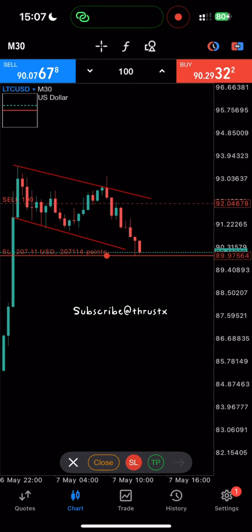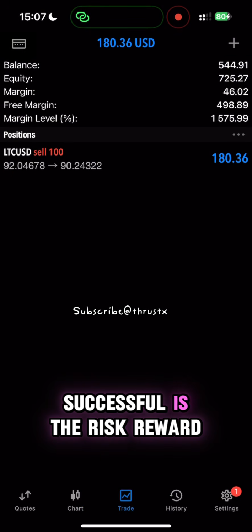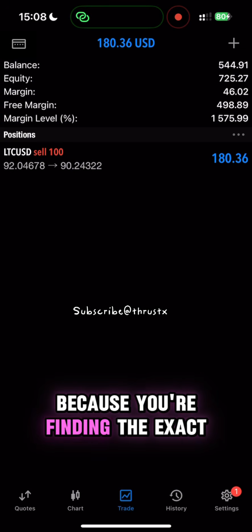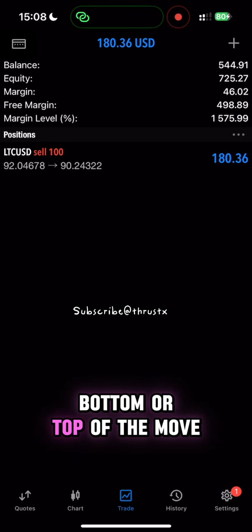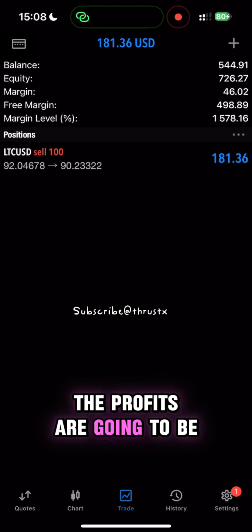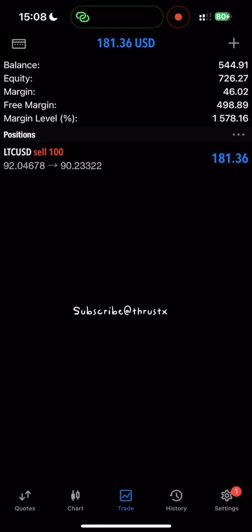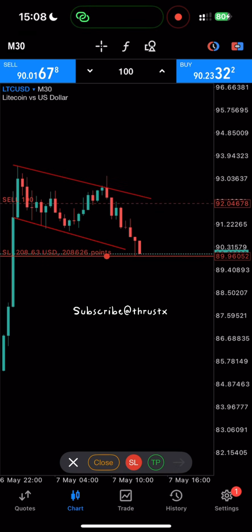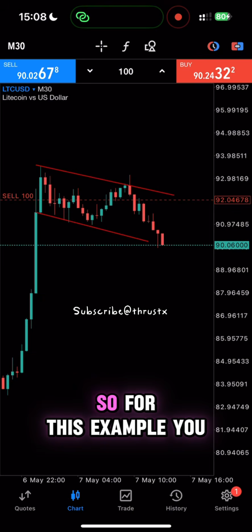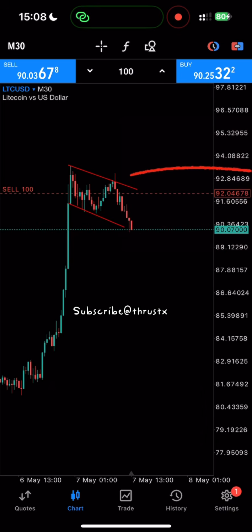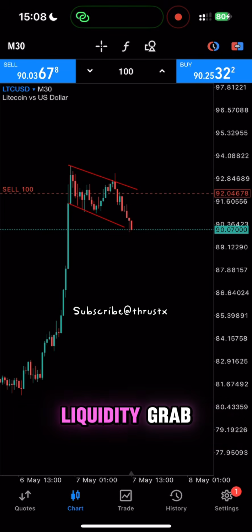Now look, what makes this strategy so successful is the risk reward ratio is absolutely insane, because you are finding the exact bottom or top of the move. The profits are going to be really big and the losses are going to be very small. So for this example, you would enter here and set your stop loss right above the liquidity grab.